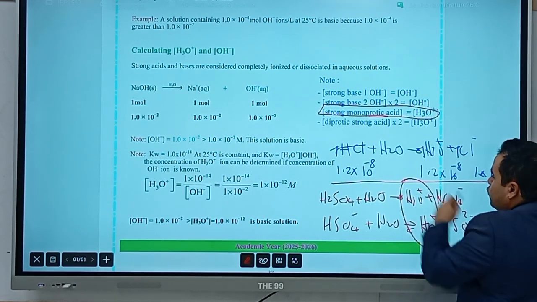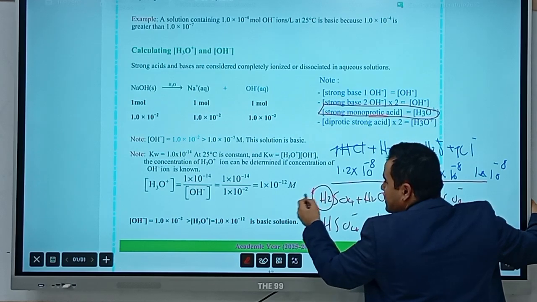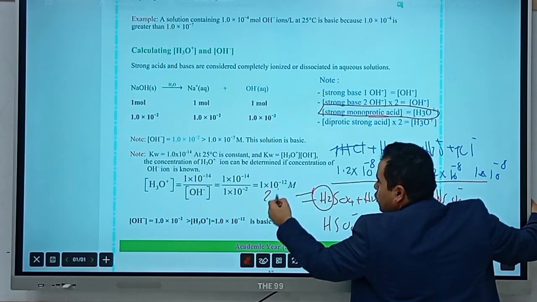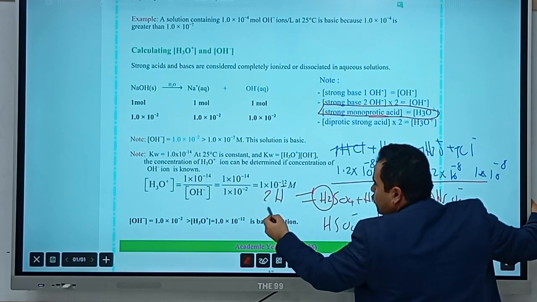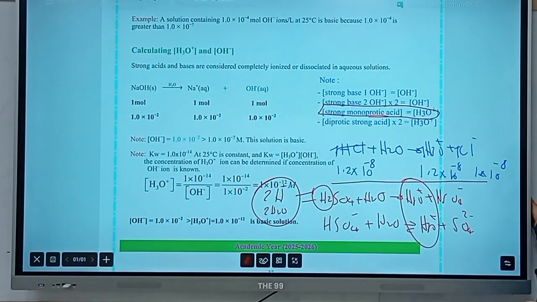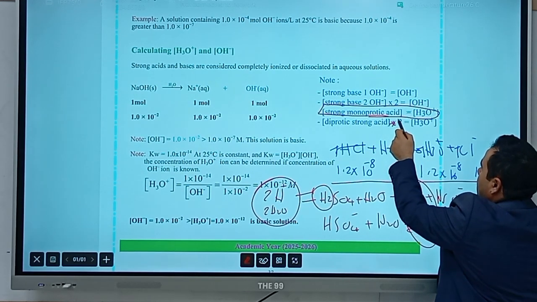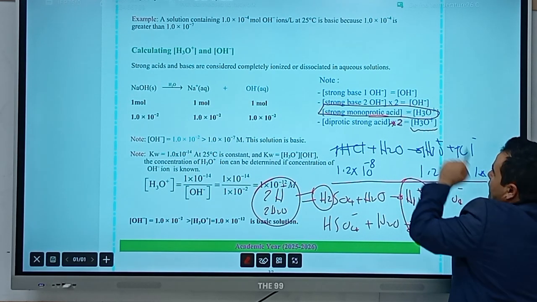Guys, here we have got 2 hydroniums. So 2 protons exist. The two protons react with 2 H2O to produce 2 hydronium. So the H2SO4 concentration must be multiplied by 2 to get the concentration of the hydronium.